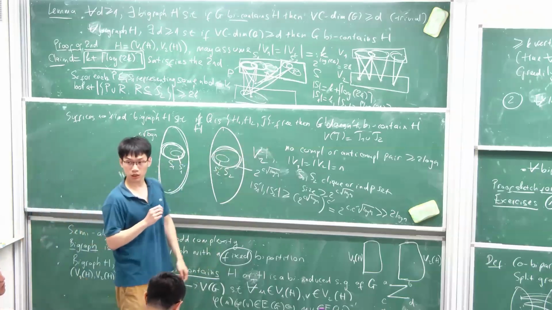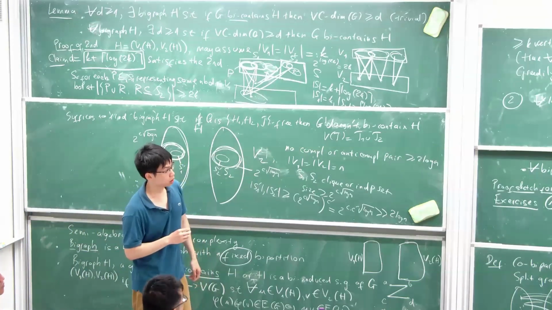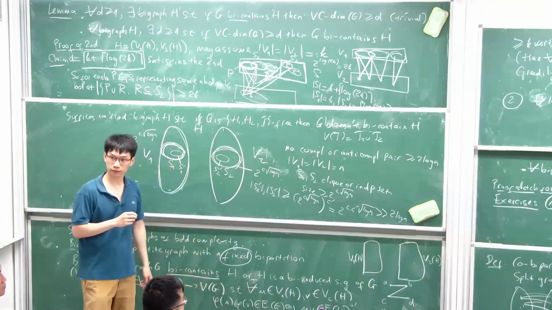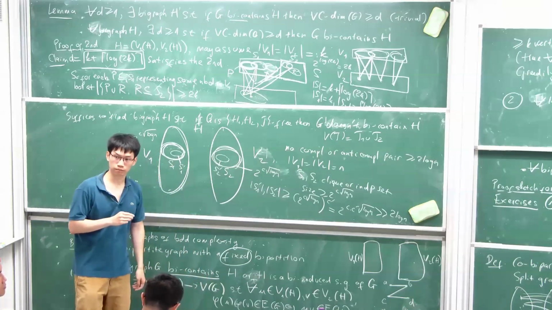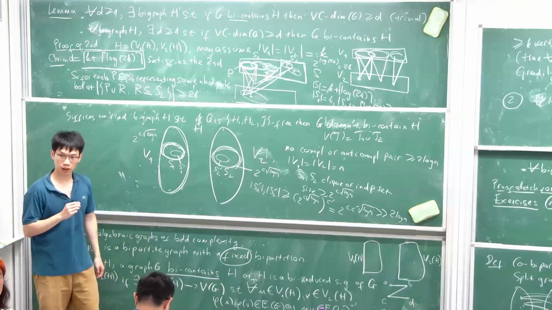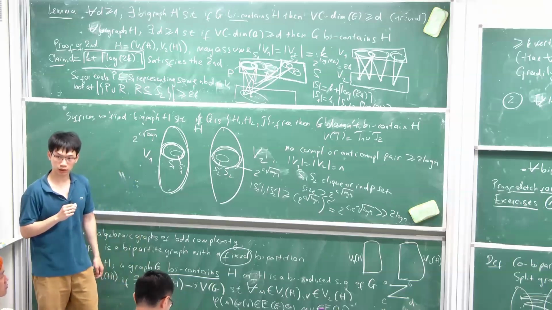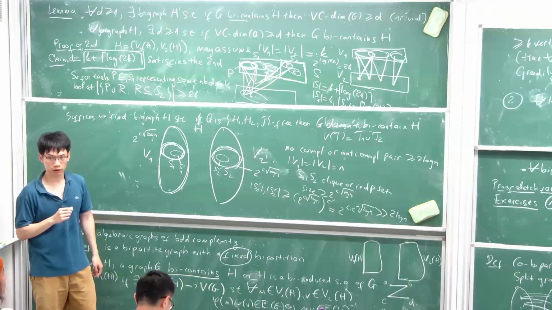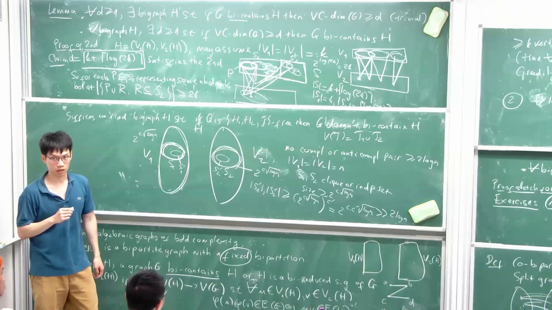Are you putting the second bullet point of that lemma there? Yes. If you do not have these three things as induced subgraphs, then you cannot have large dimension.